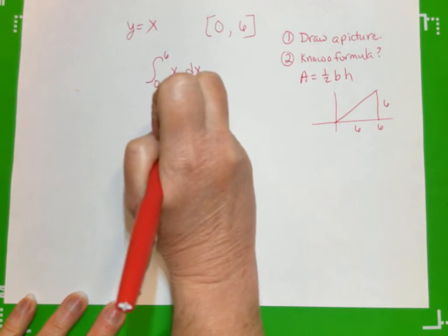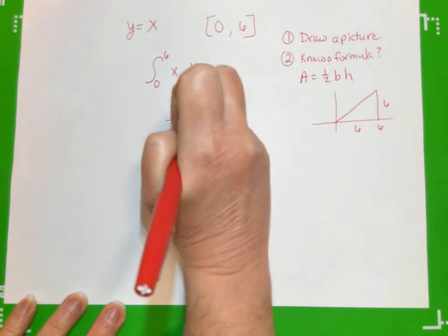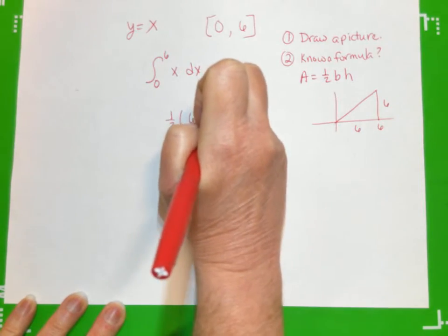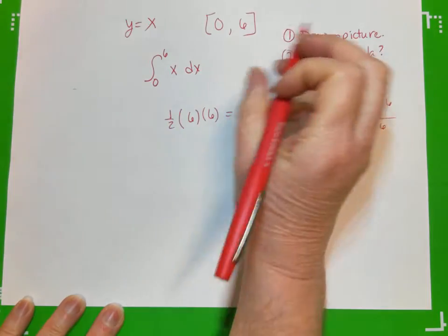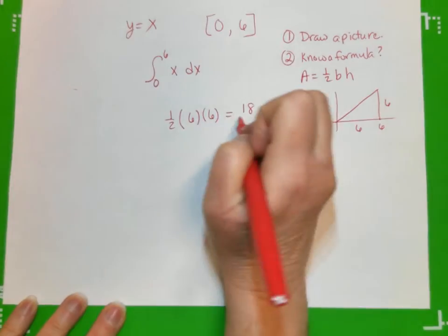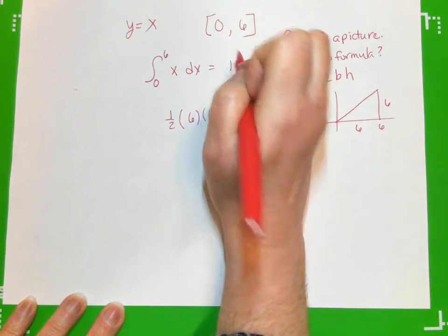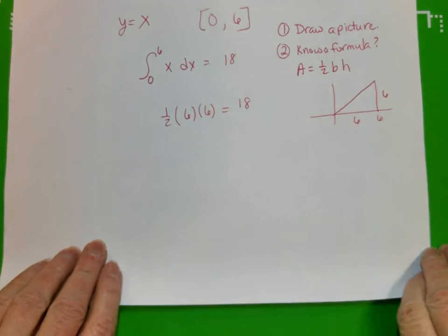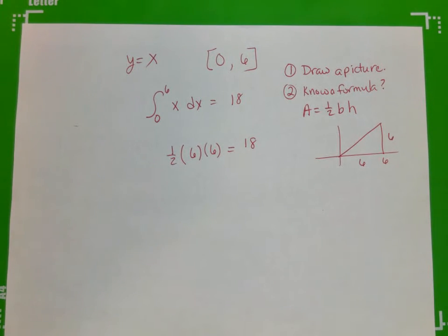I can find the area by taking 1/2 the base, which is 6, times the height, which is 6. 6 times 6 is 36, and half of that is 18. I have just evaluated the integral using information and a formula that I already know.